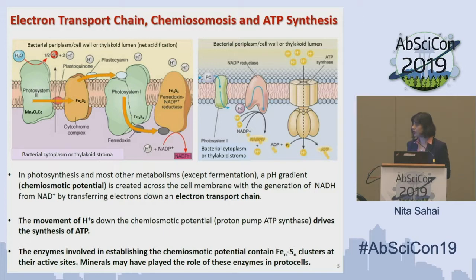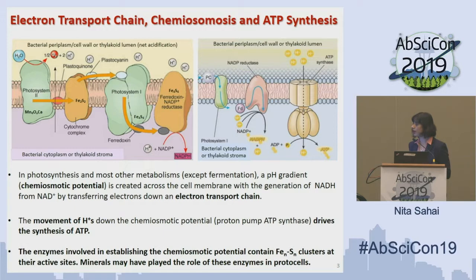In most organisms, except for the fermenters, ATP synthesis depends on the formation of a pH gradient that's called the chemiosmotic potential across the cell membrane. Coupled to the generation of this pH gradient is the generation of NADH from NAD. And this entire process is achieved by transferring electrons down an electron transport chain that involves enzymes.